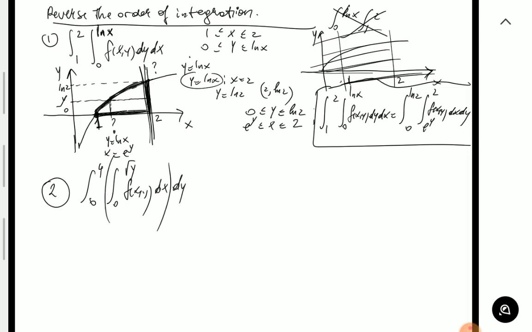Okay, so let's visualize the domain. First of all, y is between 0 and 4, and x is between 0 and square root of y.